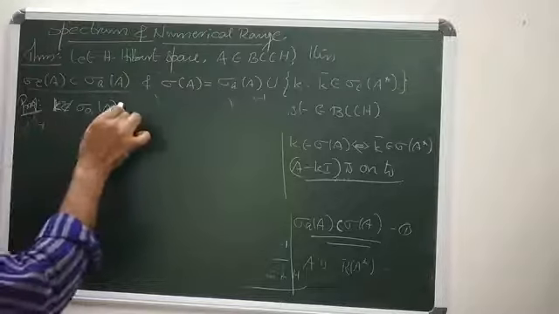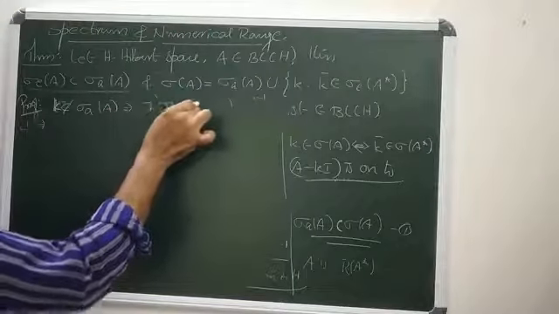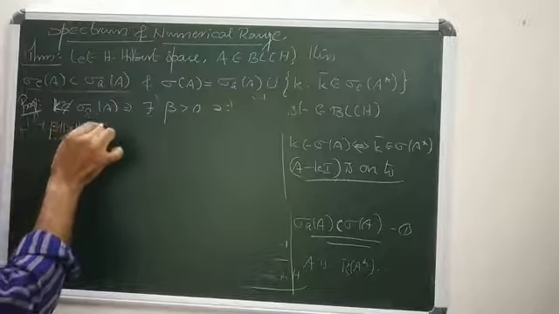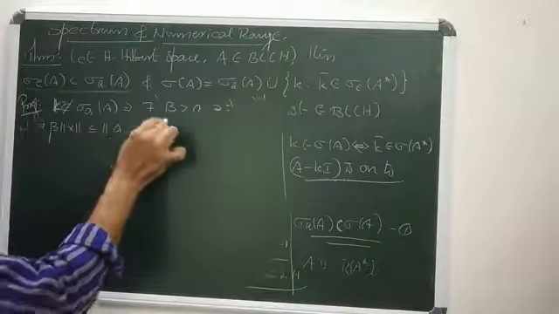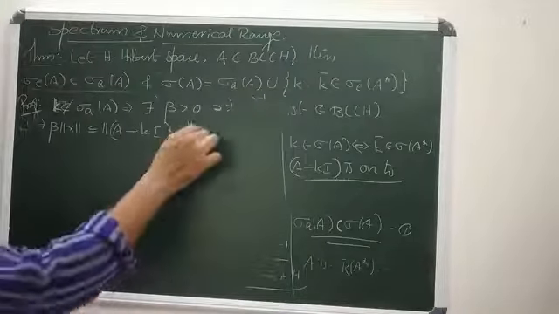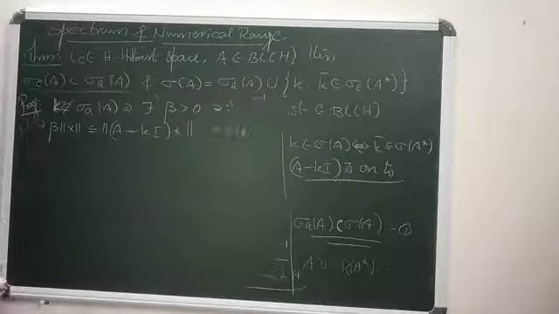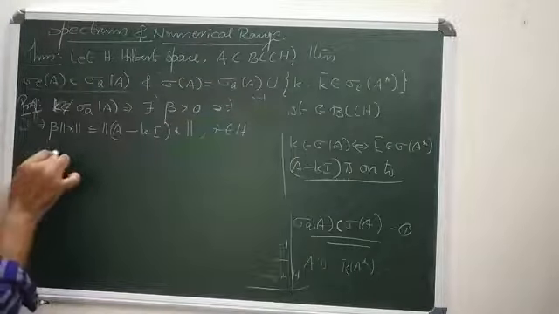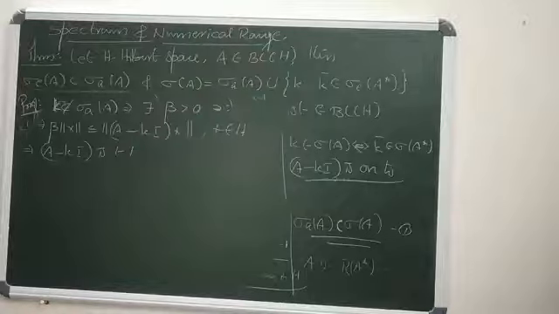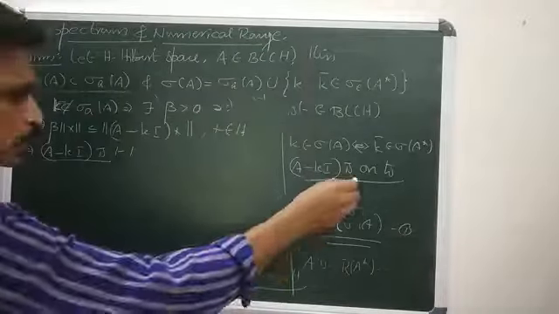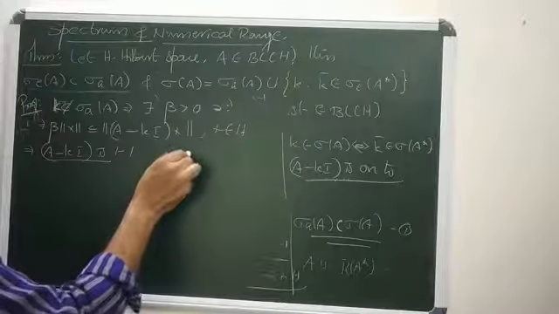That means there exists some beta greater than 0 such that beta norm x is less than or equal to norm of (A minus K)x for all x in H. So this means A minus K is one-to-one. A minus K is one-to-one and onto. That means A minus K I is bijective.